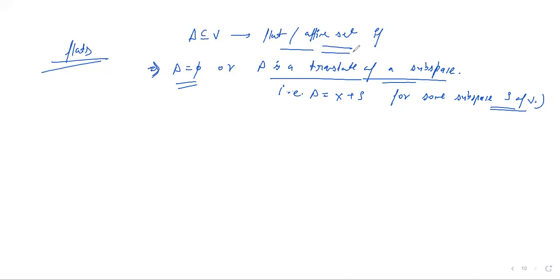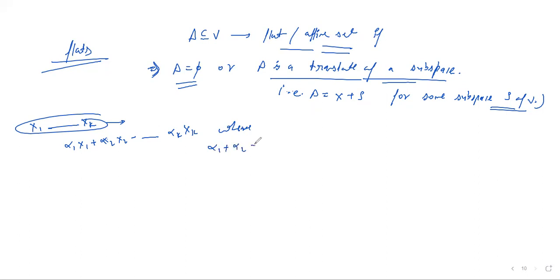Okay. Then let's talk about the affine combinations. Let's say I have the affine set A, with elements x1 to xk. Then an affine combination of these is a linear combination alpha 1 x1 plus alpha 2 x2 plus up to alpha k xk, where the sum of alpha 1, alpha 2 up to alpha k must equal 1.